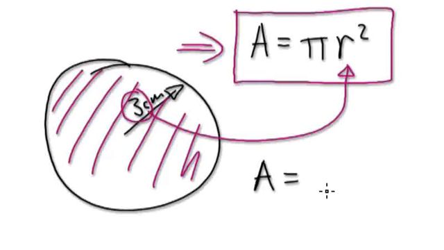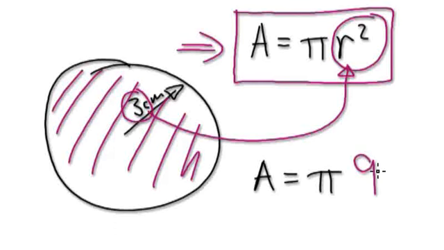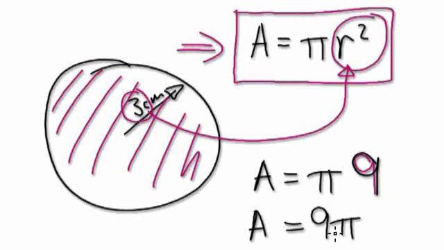So A equals pi. Well, let's do this inside our head. 3 squared would be 9. So it's basically pi times 9, but we prefer to put the number in front. So it's 9 pi. The area of this would be 9 pi, and whatever the answer is, it would be centimeters squared.